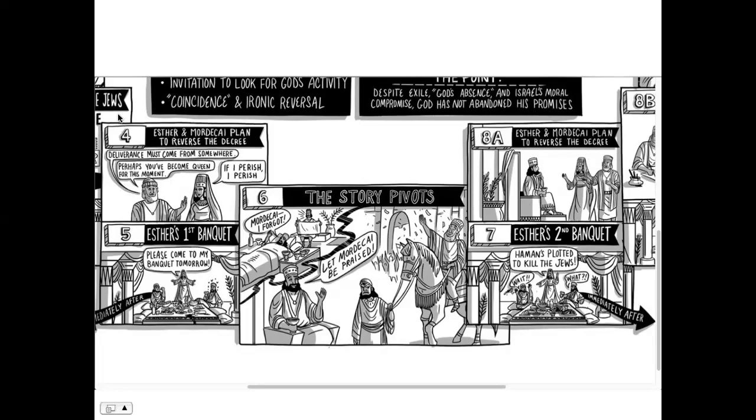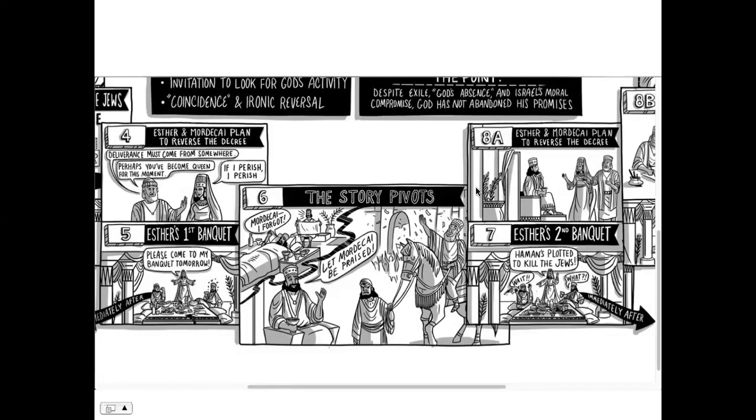So sandwiched right between two banquet stories, we're going to see Mordecai being lifted up. What we saw first was Haman being lifted up, and now you see Mordecai being lifted up and Haman falling.